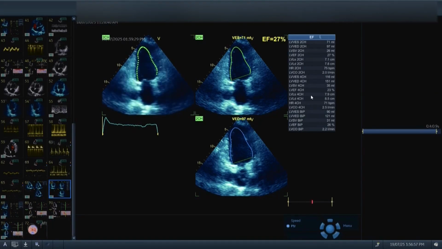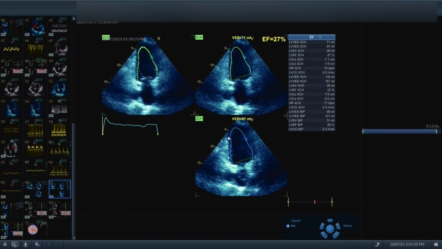The EDV and the ESV of this patient is measured at 121 milliliters and 90 milliliters, and if we divide it by the BSA, it will give us the actual indexed volume of this patient.